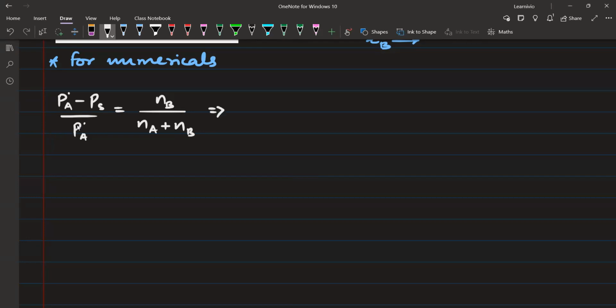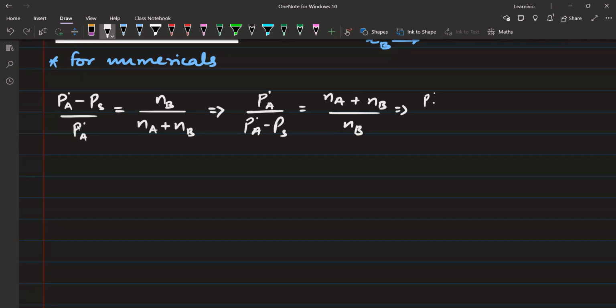It will become P naught A upon P naught A minus P solution, which will be equal to number of moles of solvent plus number of moles of solute divided by number of moles of solute. And we will further separate this, Na upon Nb, Nb upon Nb.